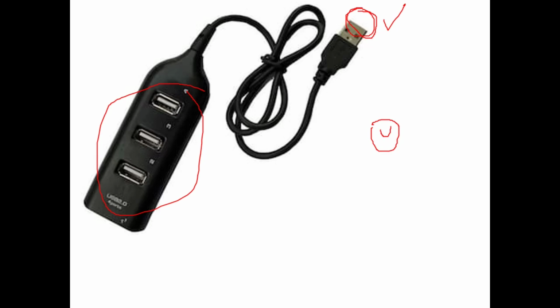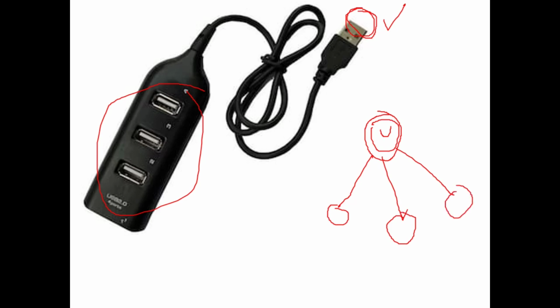Now if I want more USB ports from that single USB port, I will connect the USB hub, what you are seeing in this diagram, so that it allows me to connect 3 more USB ports. So now I can connect 3 different I/O devices.